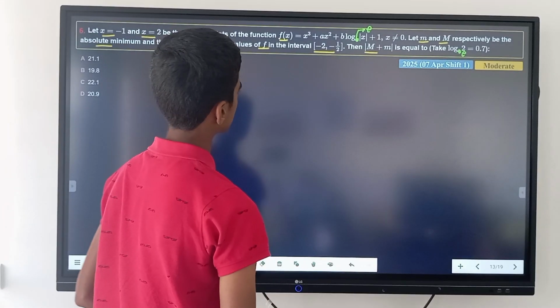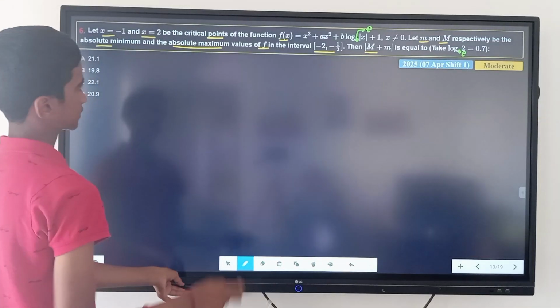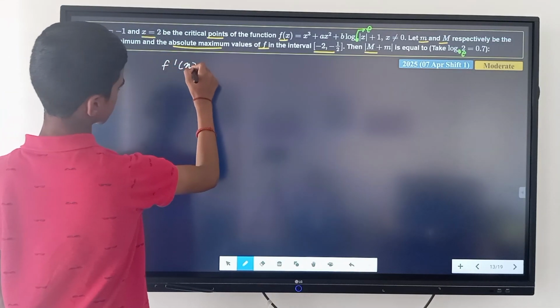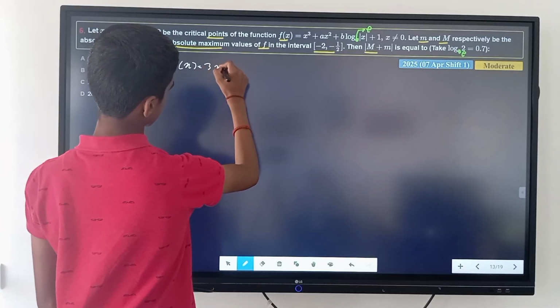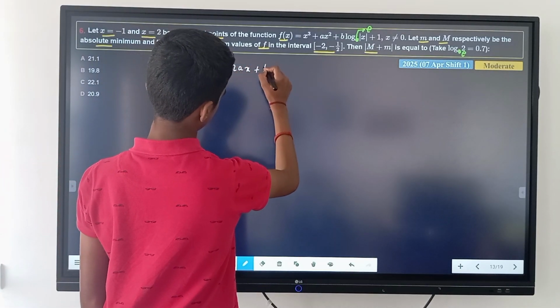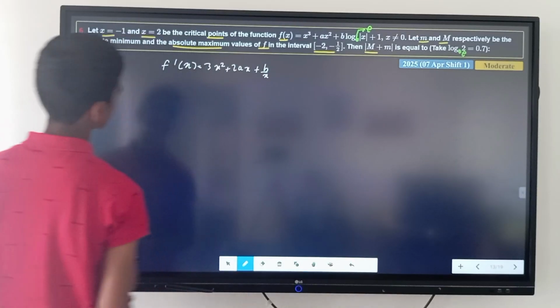Now, first let's find f dash x. F dash x is equal to 3x square plus 2ax plus b upon x.